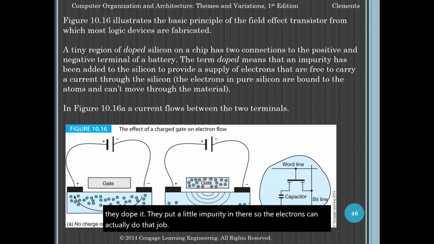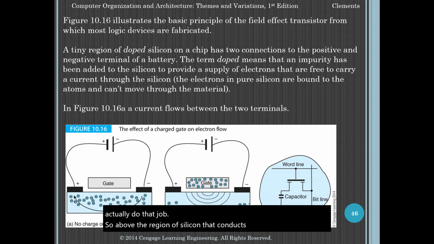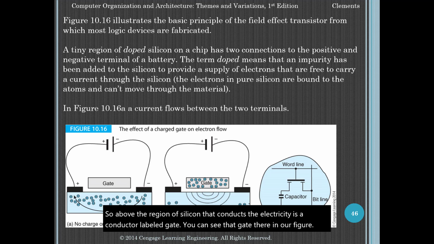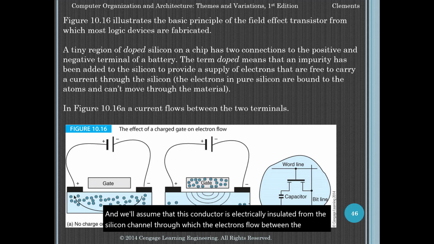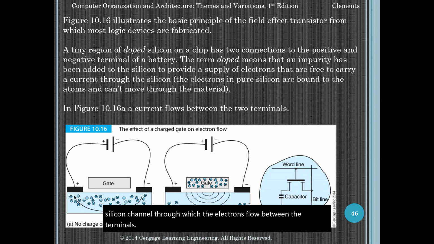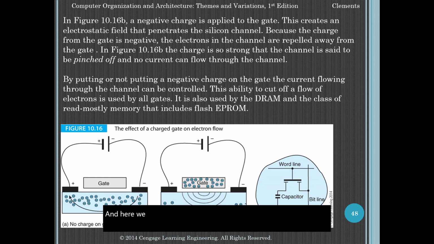So above the region of silicon that conducts the electricity is a conductor labeled gate. You can see that gate there in our figure. And we'll assume that this conductor is electrically insulated from the silicon channel through which the electrons flow between the terminals. And here we can see what happens when a negative charge is applied to the gate.